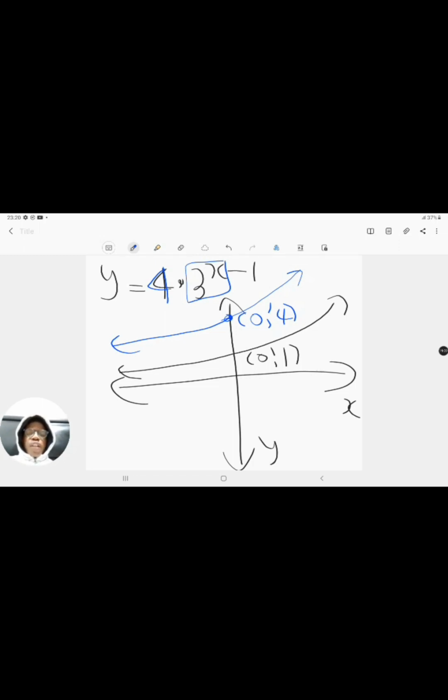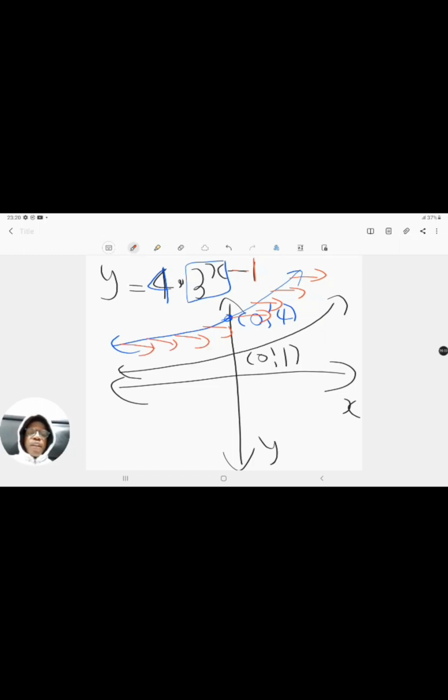Now that you've done this, I'm just going to highlight the -1 in red. Remember what I said, the negative sign means you displace it to the right. I know it's counterintuitive, but because it's a negative, you move it to the right. So you take this new graph in blue and you displace all the points to the right by 1 unit.